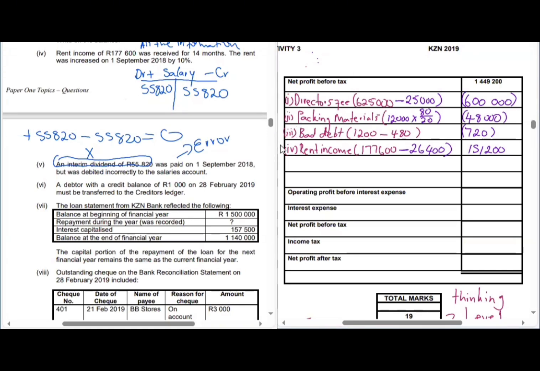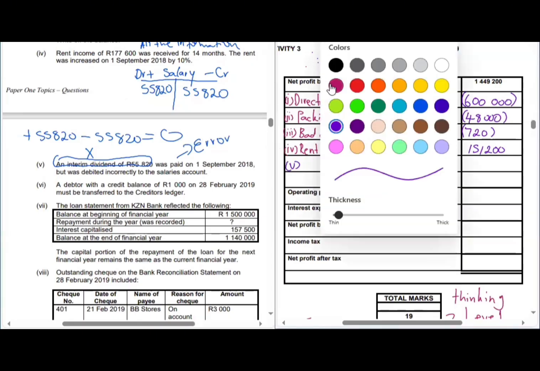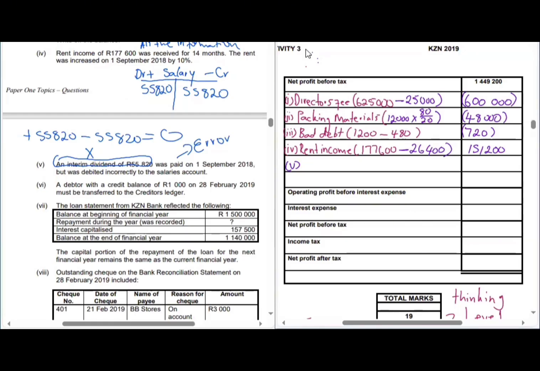This is our information number 5, and then we are going to write salaries. Under salaries we had 55,820. It was recorded like this. So now we need to cancel this amount of money. This thing has already been recorded.